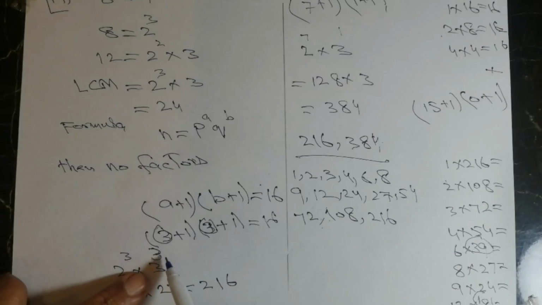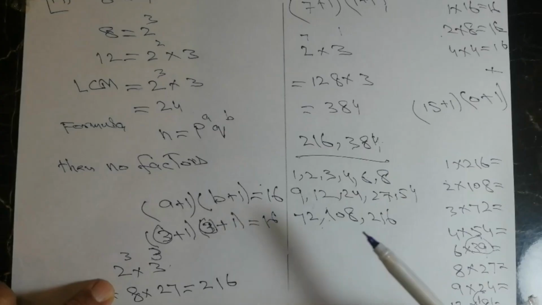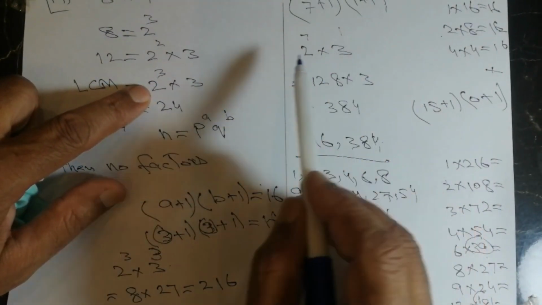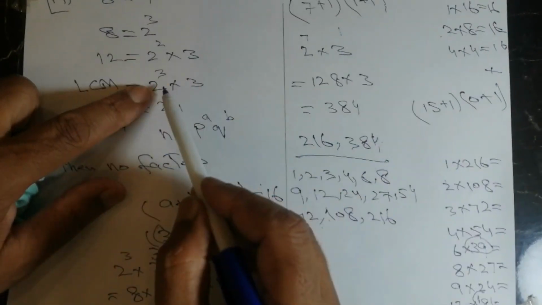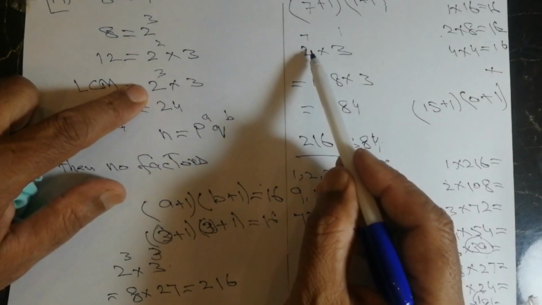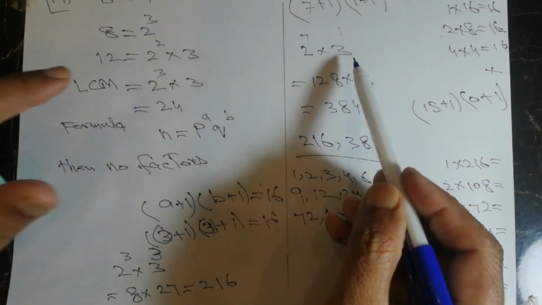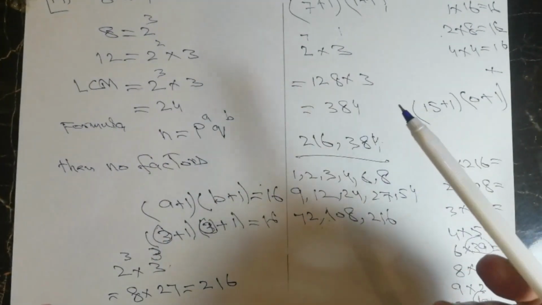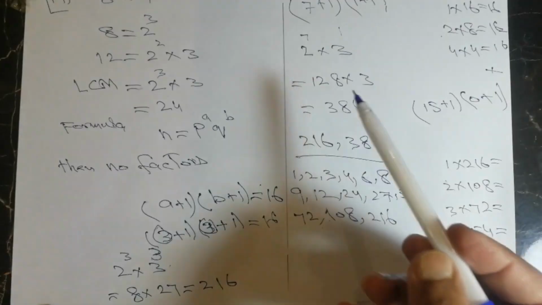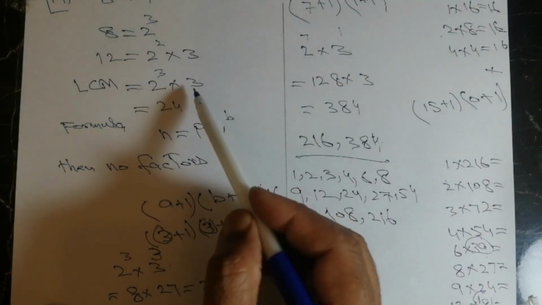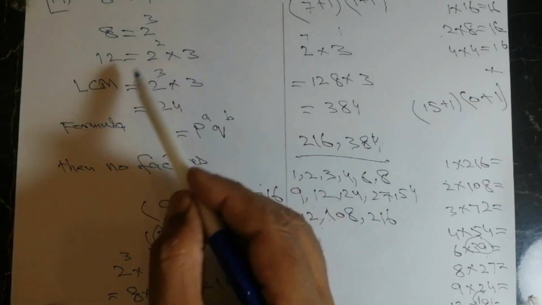So this is a multiple of this number. Similarly, this one, 2 raised to power 7 into 3, is also a multiple of this LCM. What is extra? 2 raised to power 4 is extra. So any higher number we write will be a multiple of this LCM. So the base is this LCM number.